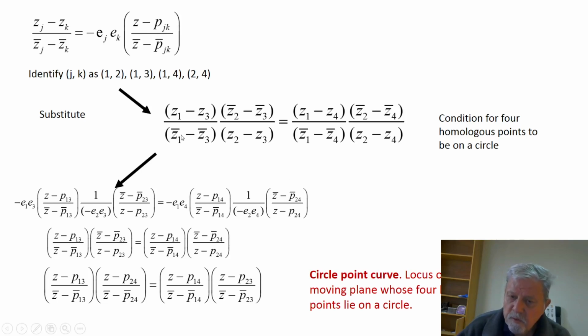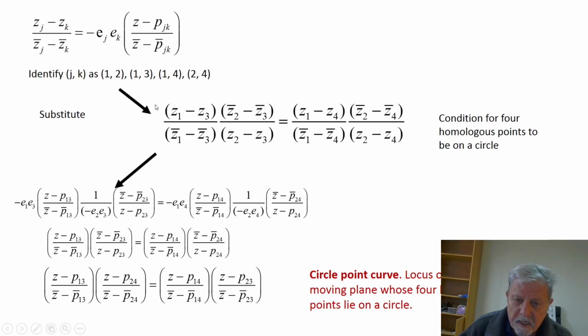This equation was what we have obtained for 4 points to lie on a circle. Z1, Z2, Z3, Z4 were the vectors giving the coordinates of the homologous points.